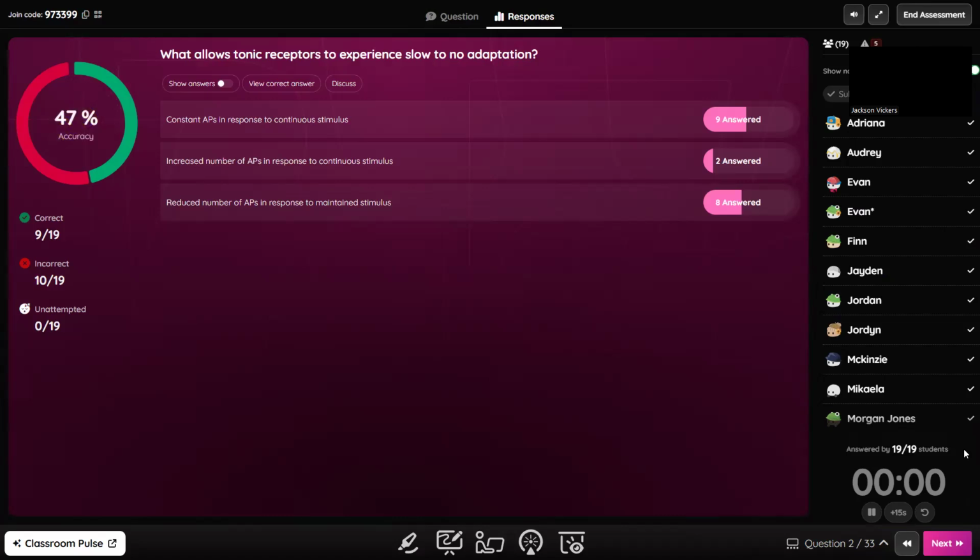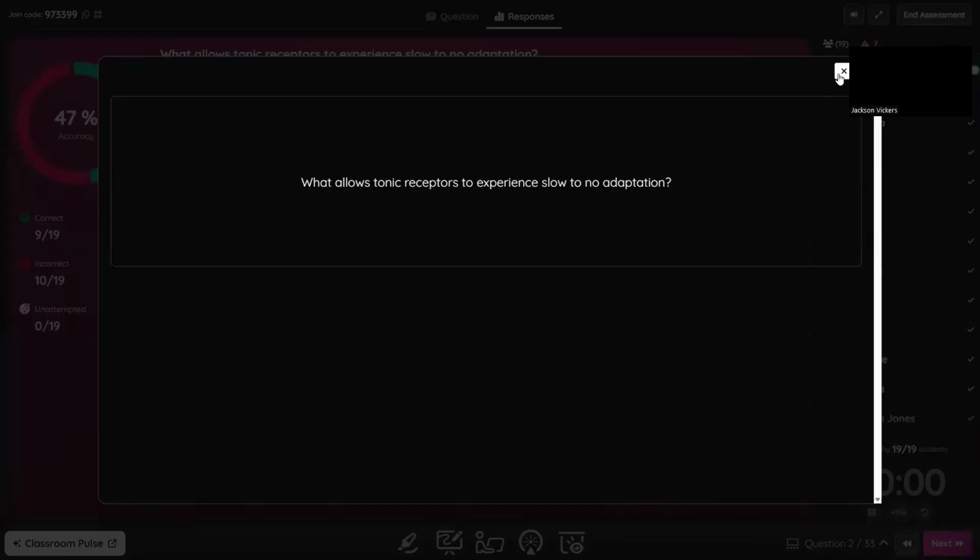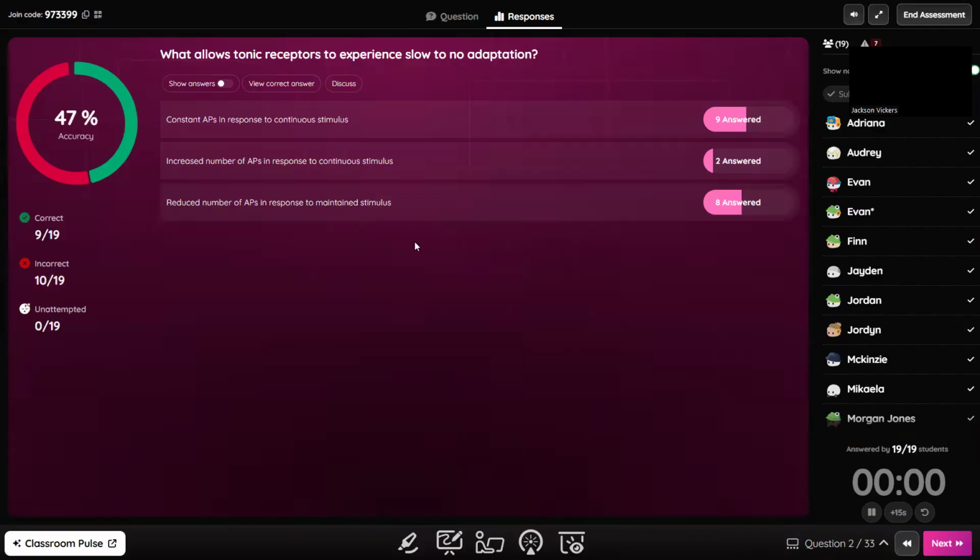Maybe something to review: tonic versus phasic receptors, because you went over senses in chapter 19 or 14, I don't remember which one. You have two kinds of adaptation. You have tonic receptors, which is slow to no adaptation, and you have phasic receptors, fast adaptation. Your tonic receptors are going to have a continuous stimulus, like no adaptation with a continuous action potential.